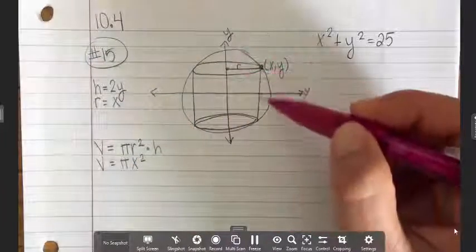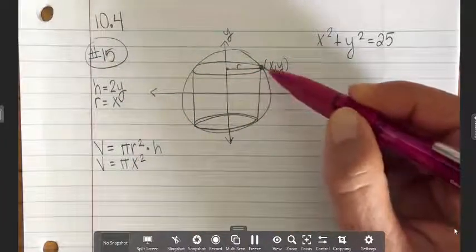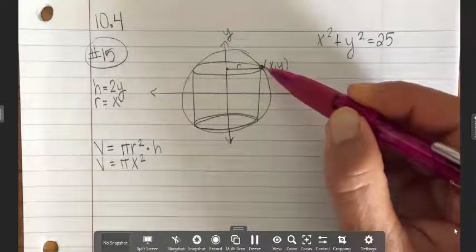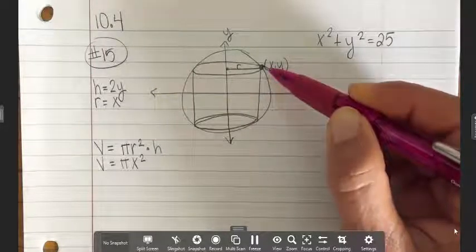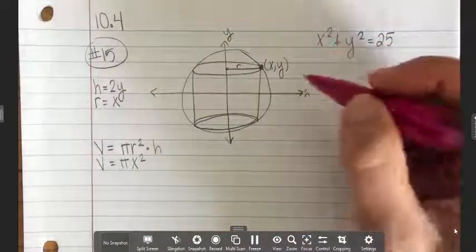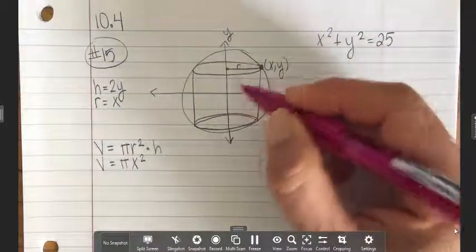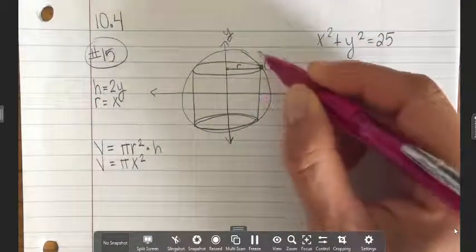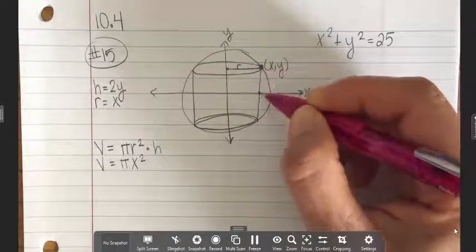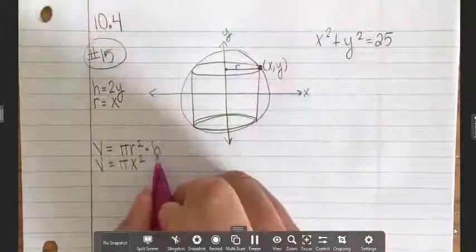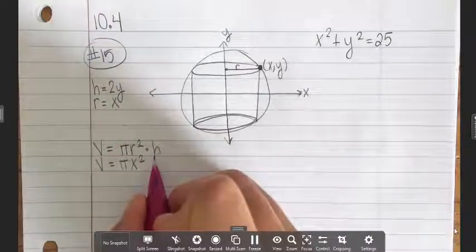But we have to double that, because if I just take this point right here, that height is just going from the x-axis up. And that's how all of our y values work, right? Any y value on any graph is either from the x-axis to the top, or the x-axis to the bottom. So instead of h, I'm going to use my 2y.